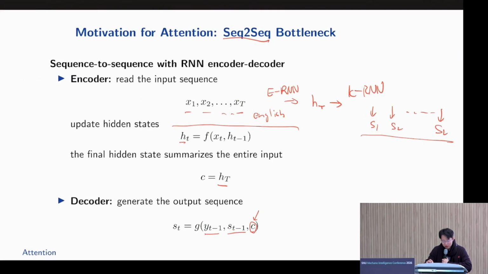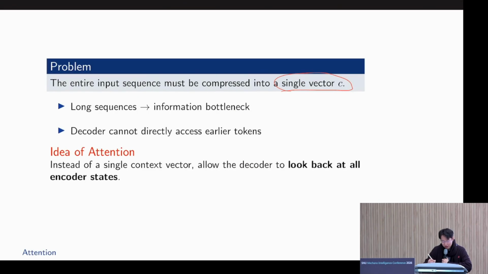But if we use the RNN structure, we are asking it to condense all that knowledge into a vector, which is typically of size 512 or 1,024 or something like this. It's not very long. So if you are dealing with long sequences, we have an information bottleneck.